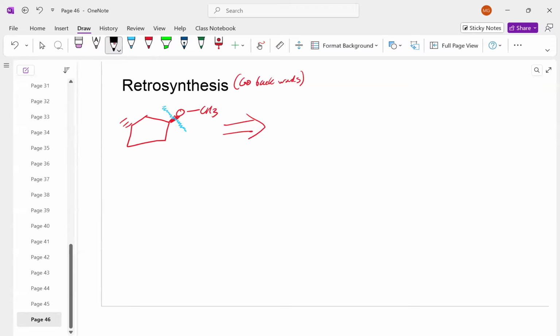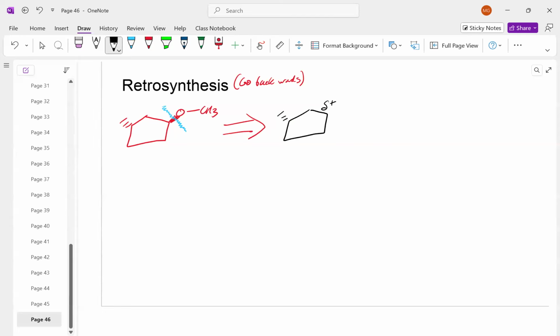And if most of my reactions in OChem are about nucleophiles reacting with an electrophile, I need to have something here that would make this carbon have some sort of positive character, and I need to have this oxygen have some sort of negative character. Actually, I'm just going to put them in parentheses, since these aren't really formal charges.